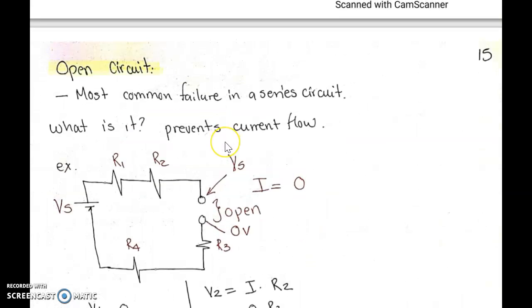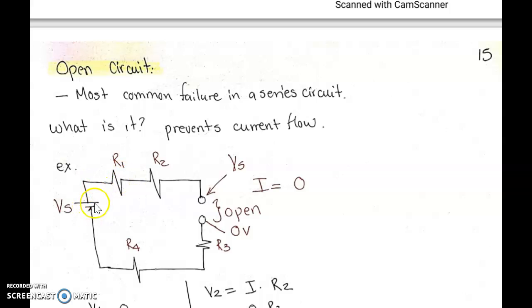Right here, this is an important concept that we have to talk about: open circuit. It's one of the major failures in series circuits. So what is it? When we have an open circuit, there is no current flow. We have broken the path. We don't have a closed path.